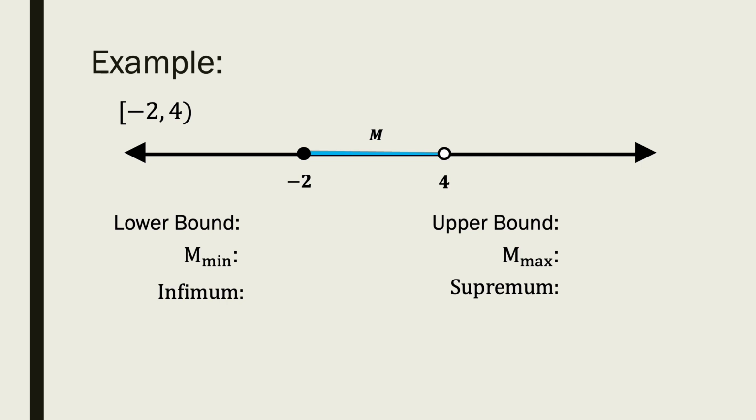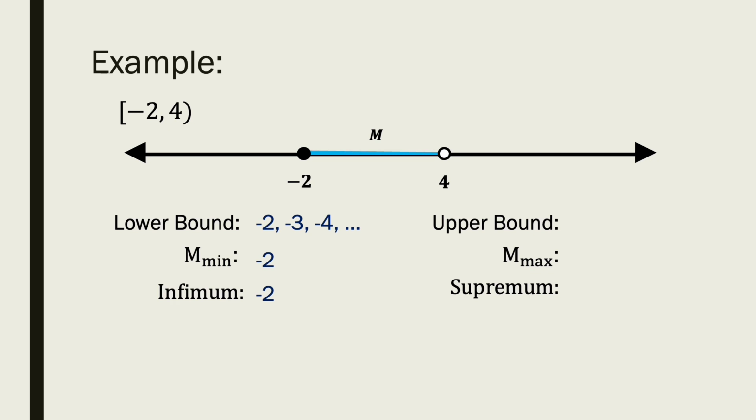So the lower bounds of M are negative 2, negative 3, negative 4, negative 4.5, and so on. Our M minimum, or the least value of M, is negative 2 because negative 2 is part of the set. Our infimum, which is the greatest of all the lower bounds, is also equal to negative 2.